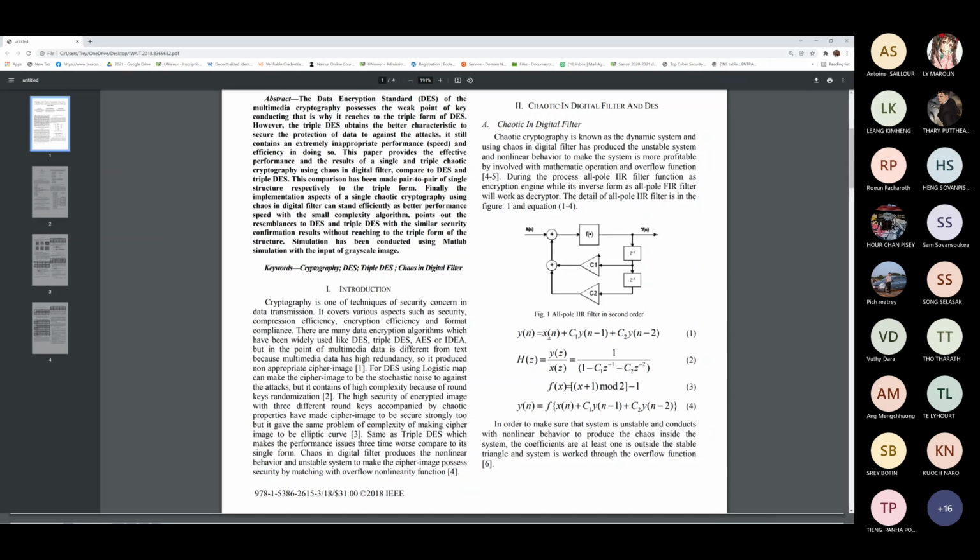When you see this kind of equation, it has only one exponent. You don't have a power 2, power 3 and power 4. You will see that it is linear, but based on the coefficients c1 and c2, I can make those equations become non-linear.